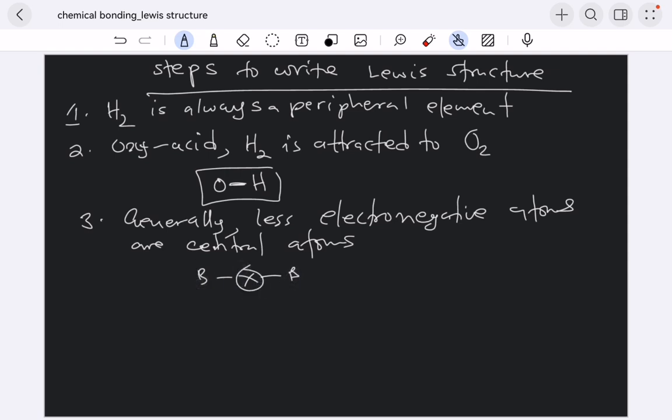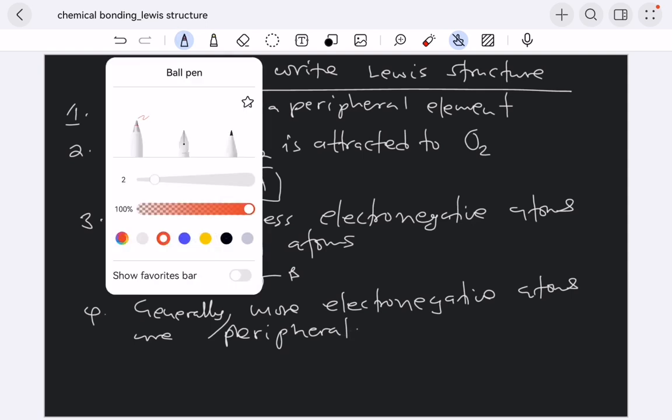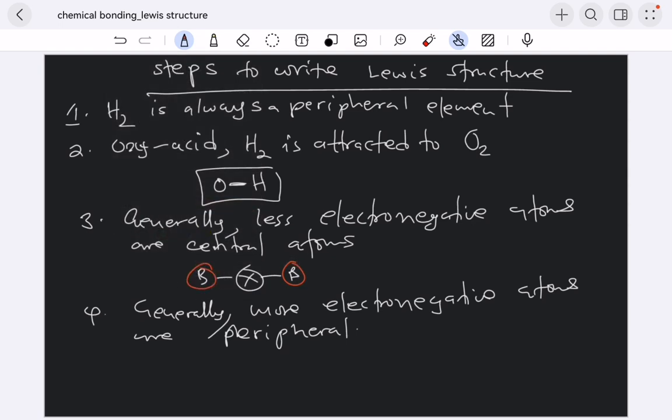You put them at the center. Then 4, generally more electronegative atoms are peripheral, meaning they occupy the sides. So in this case, they'll be put on the sides. So these are peripheral atoms.